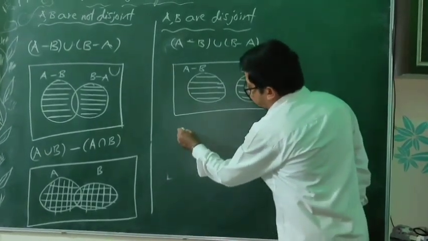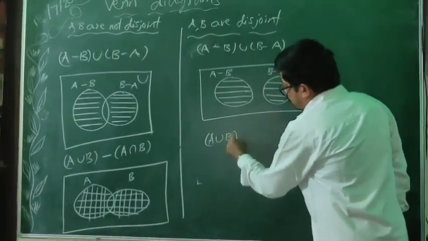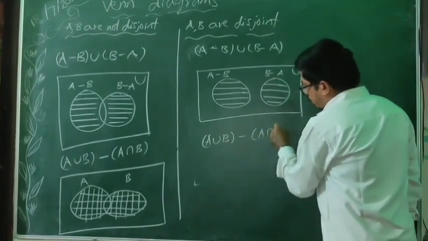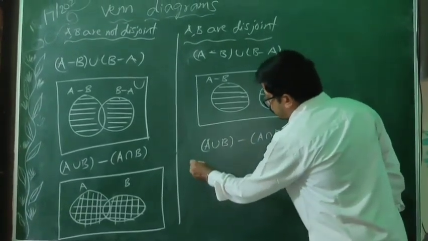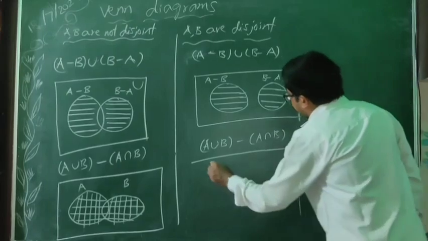For this, how to do? A union B minus A intersection B. Of course, these are disjoint sets.